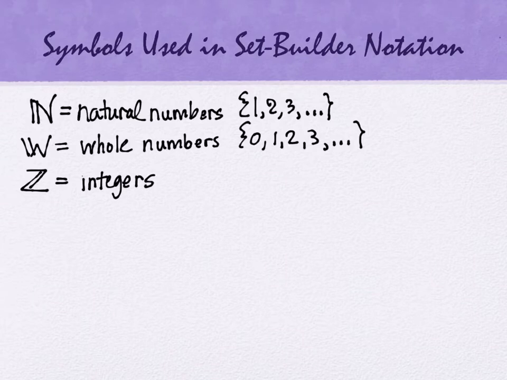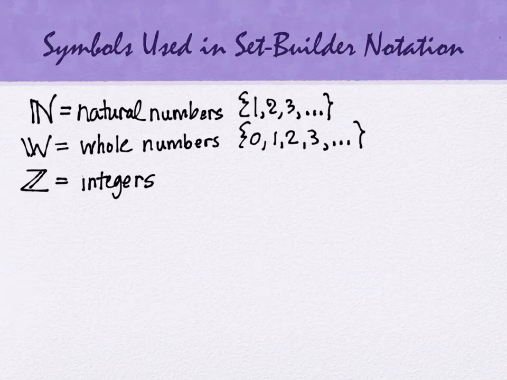Now, notice integers is not I, it's actually Z. It's coming from the Greek word for integers. We don't use the I primarily because we would have to remember that it's integers versus irrational. We have another I word that has connotation in mathematics. So we go with the Greek letter Z.